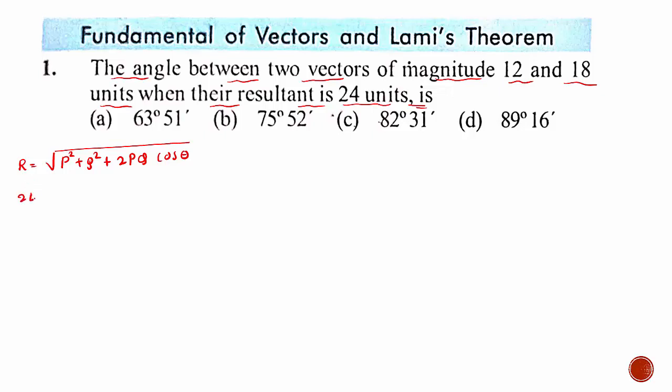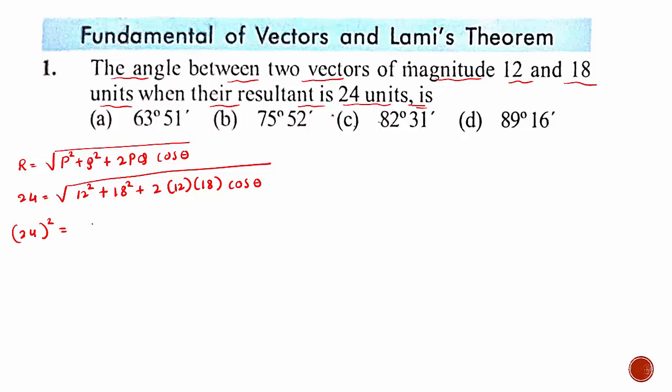The resultant is given as 24, square root of P square, here it is 12 square plus 18 square plus 2 into 12 into 18 cos theta. Keep cos theta as it is because we want the angle theta here. Calculate this value. 24 we can take as 24 square.